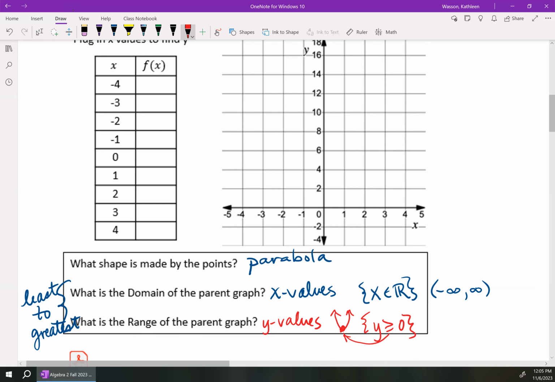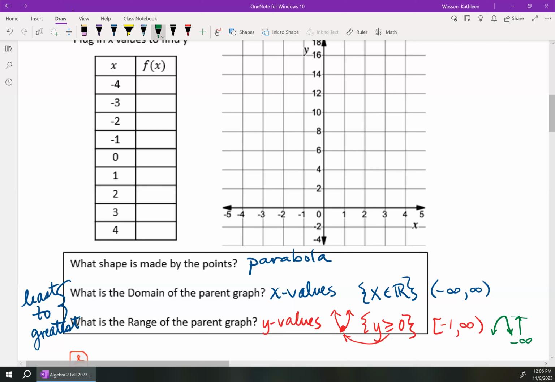And if you wrote that in interval notation, you would write bracket 0, infinity. This will be different if your graph is upside down. Since we write least to greatest, we would write negative infinity up to whatever that value is.